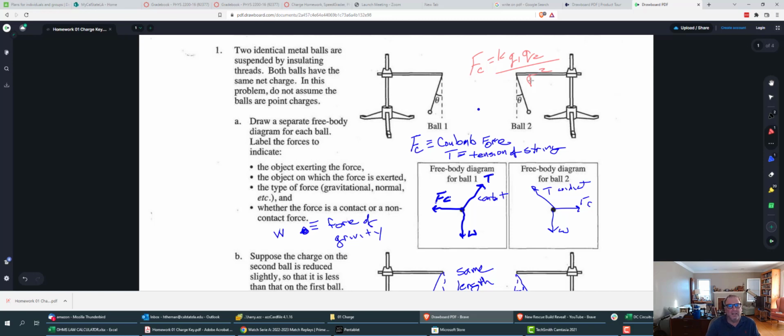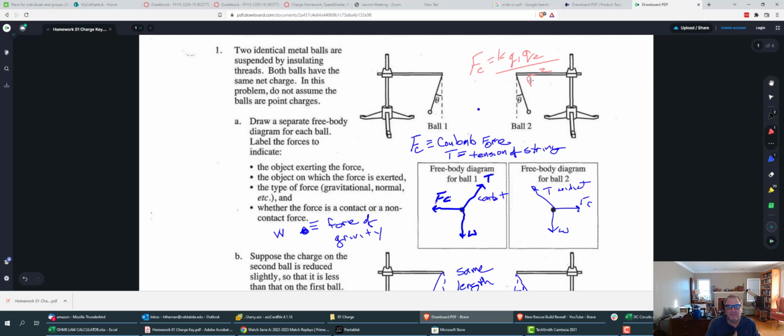And they're free hanging, so the F Coulomb that one exerts on the other is equal and opposite to the other way around, Newton's third law. So then we have the W, the force of gravity, the weight, and then the tension.